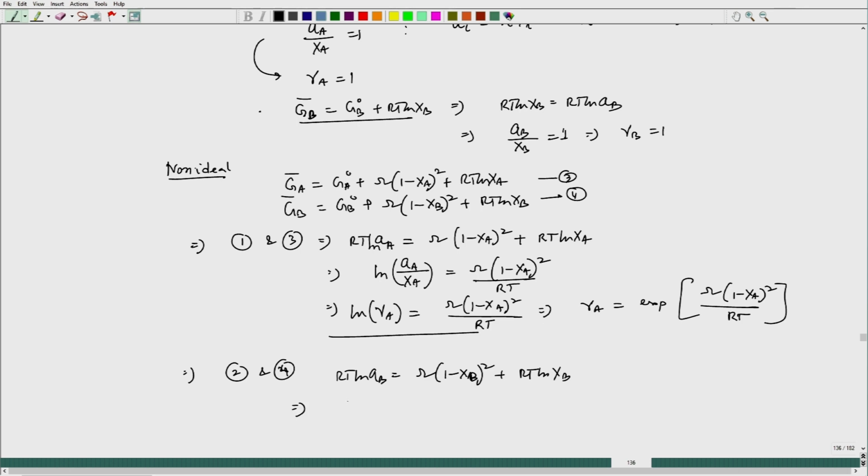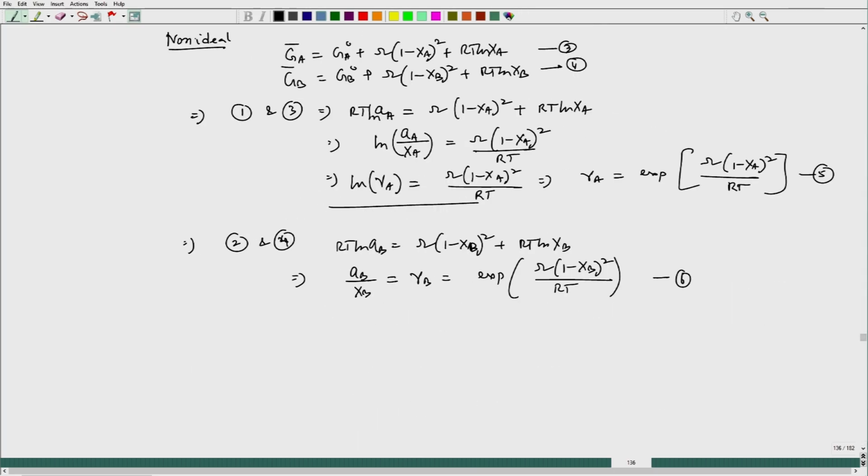So, we can write AB divided by XB equal to γB equal to exponential of ω(1 − XB)² divided by RT. So, we are getting equation 5 and equation 6, let us say.